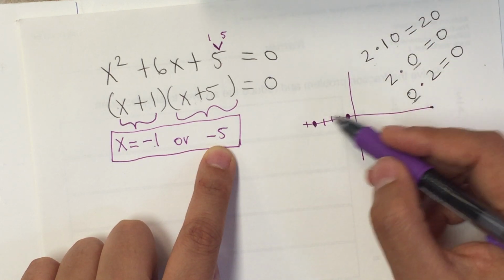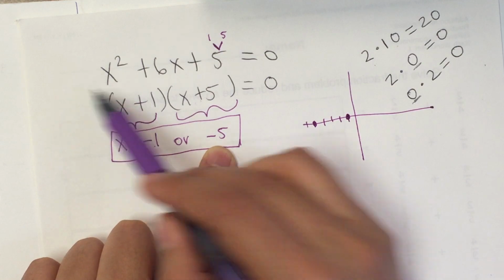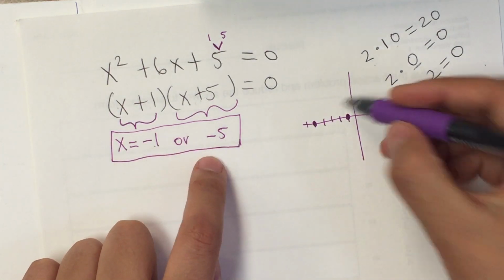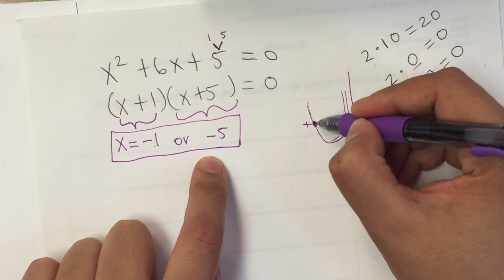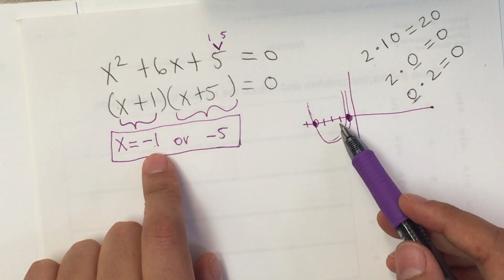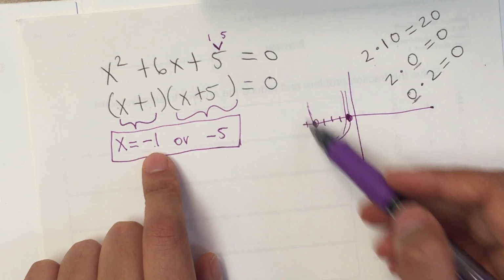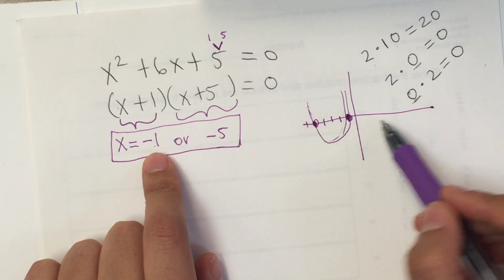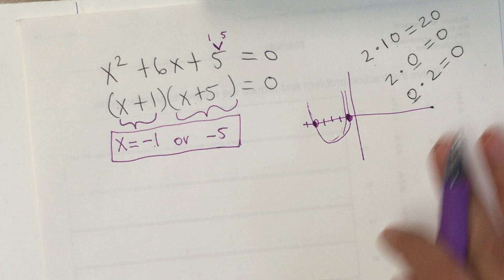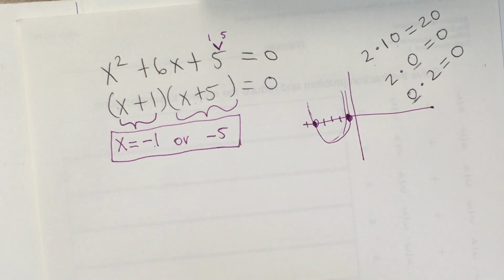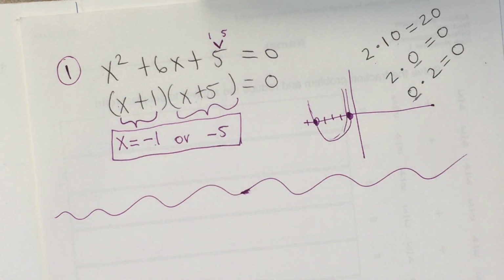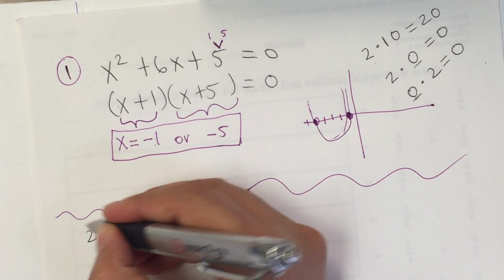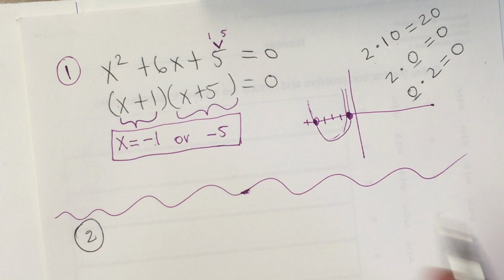We'll see about that, and it all depends on this. But again, this is what we're finding. We're finding the two places where my parabola will meet the x-axis. Again, nothing to worry about, it's just for you to have some idea of what this will be relating to later on. But this is what we're trying to look at.